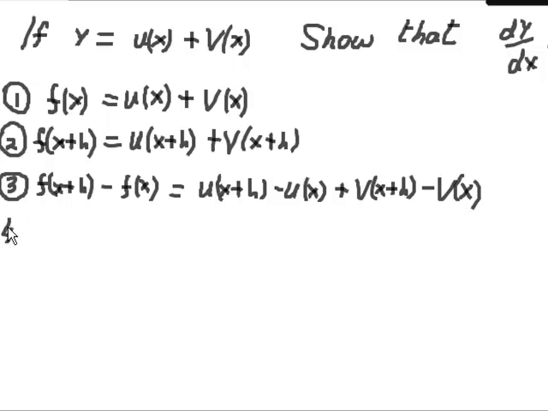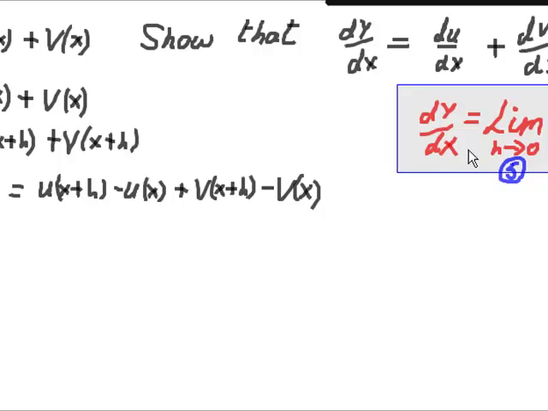Step 4. Step 4 is to divide our answer by h. So divide both sides by h, and this gives us f(x plus h) minus f(x) on the left hand side divided by h equals, and we can break up the terms on the right hand side.